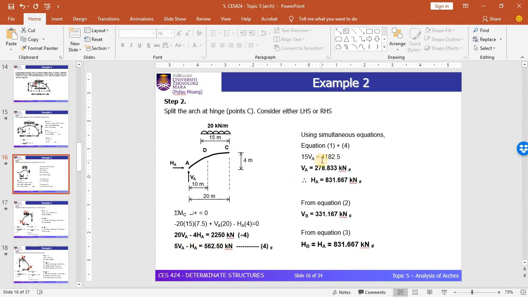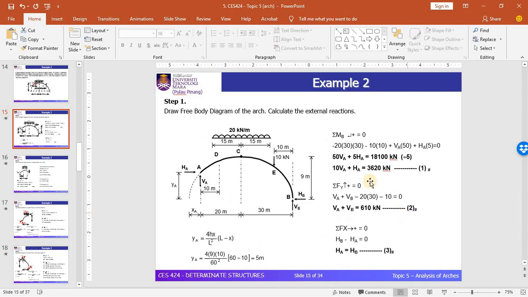By that you can solve the first and the fourth equation simultaneously, and you will solve for VA and HA.